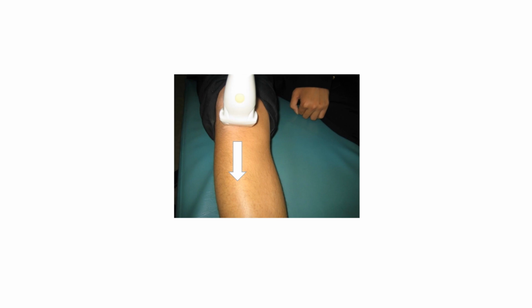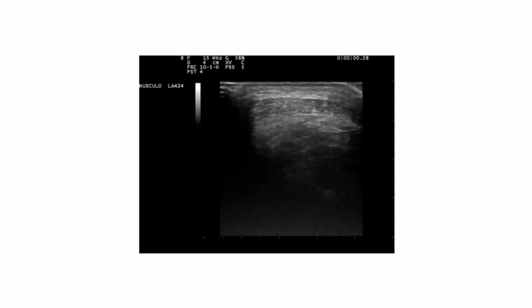Short axis image: move the probe perpendicular to the bone axis. This is a short axis image video.